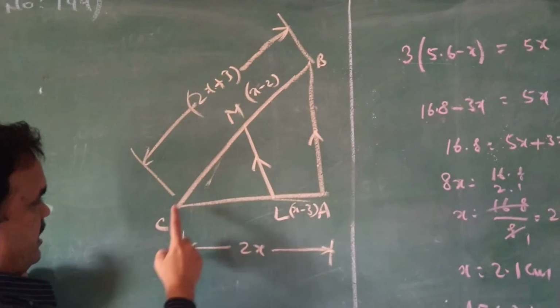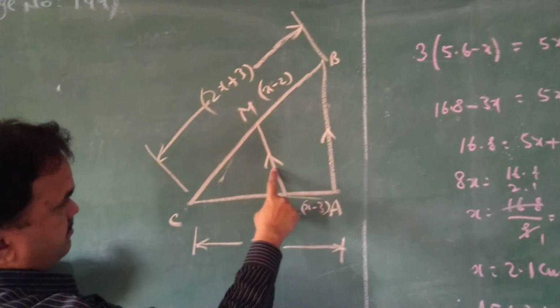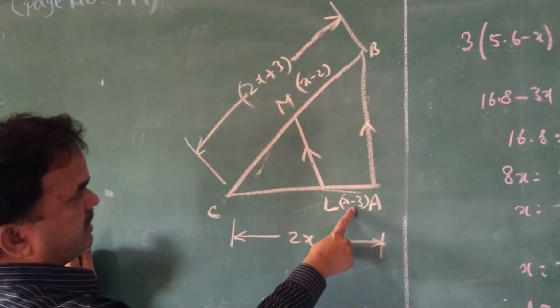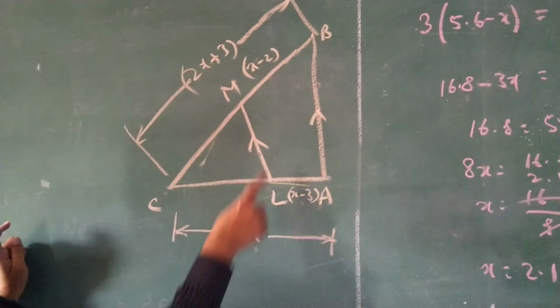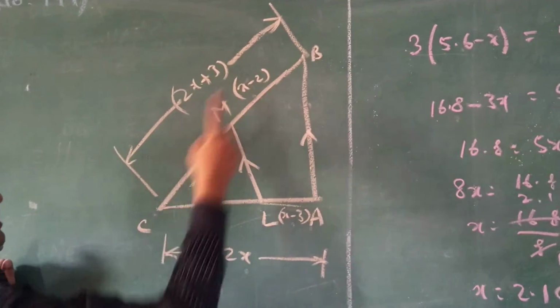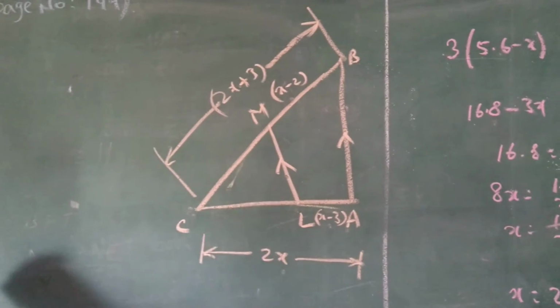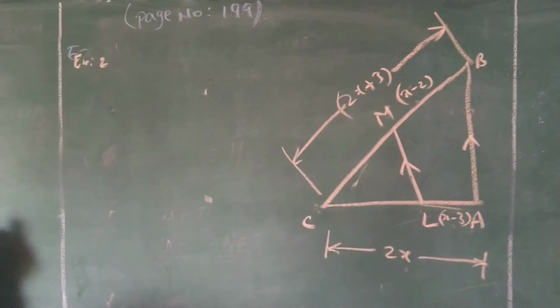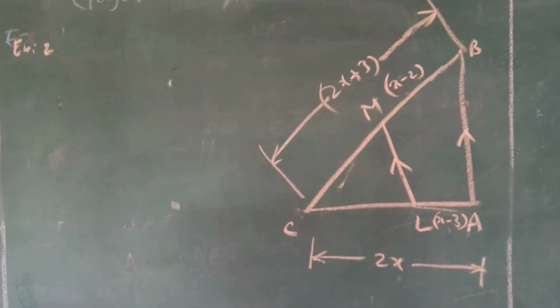In triangle ABC, LM is parallel to AB. Here AL is equal to x minus 3, AC is equal to 2x, BM is equal to x minus 2 and BC is equal to 2x plus 3. Find the x value. By applying the basic proportionality theorem, BPT, we have to find the x value.